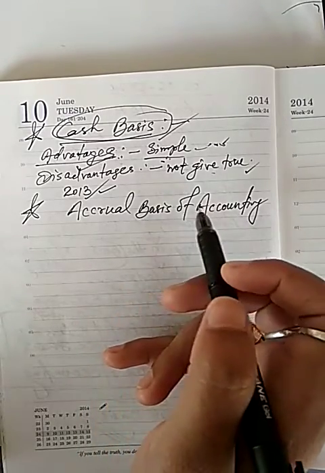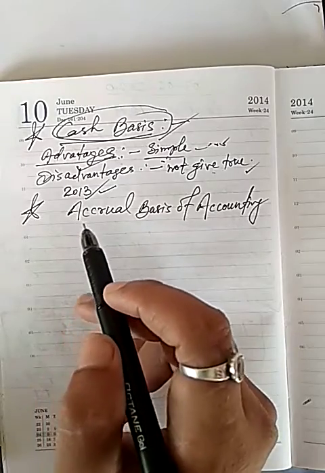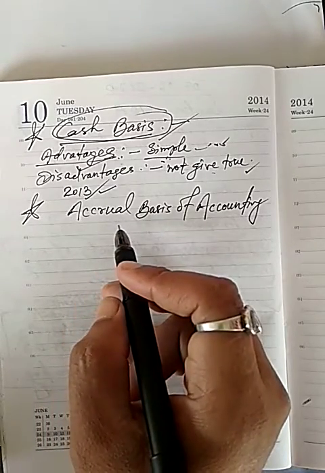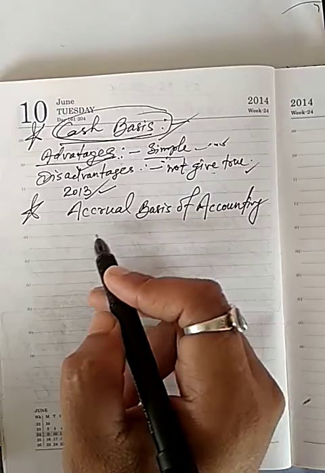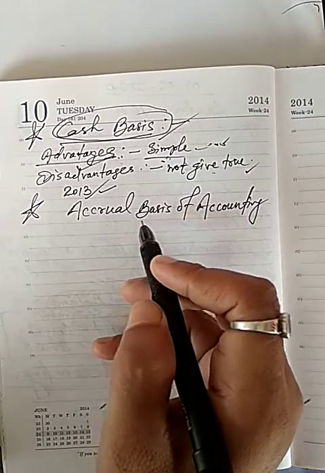For example, sales made on credit will be included in the total sales of the period.